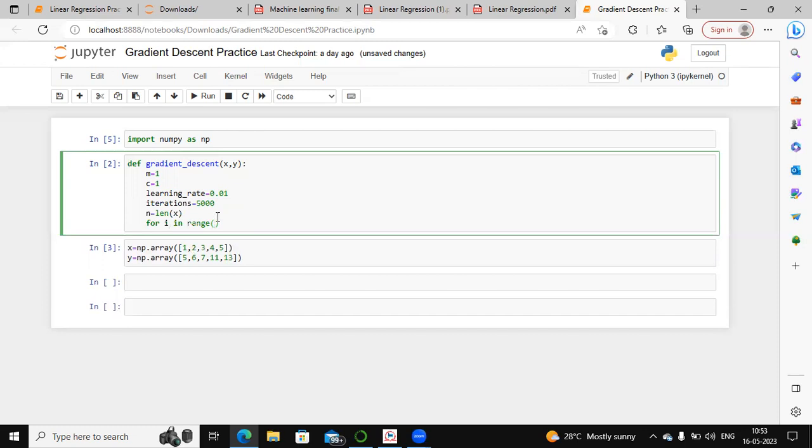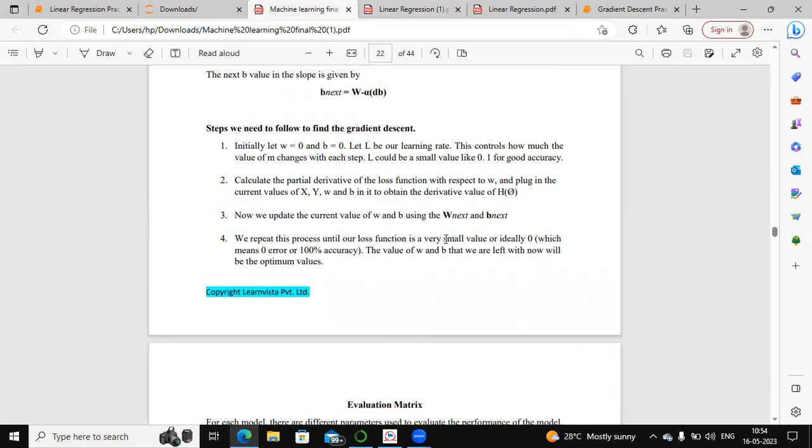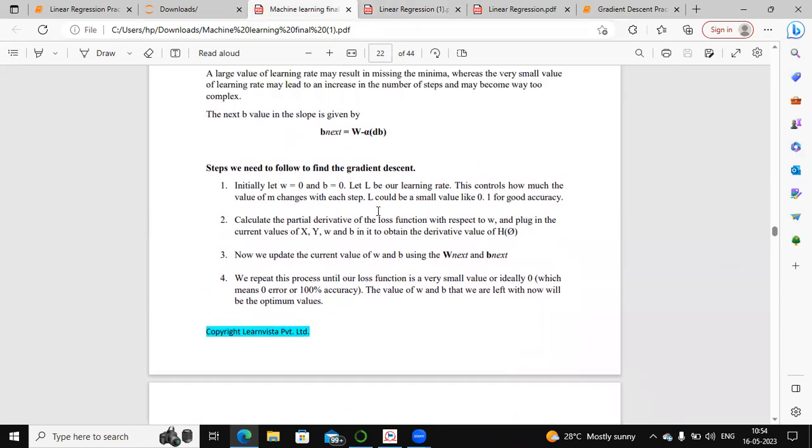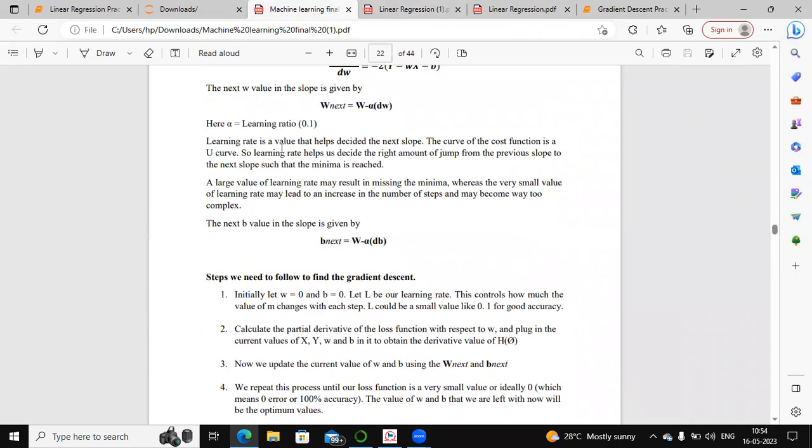How many iterations do you want? As I previously told you, using a low learning rate will give a high number of iterations. Learning rate helps us decide the right amount of jump from the previous slope to the next slope such that the minima is reached.